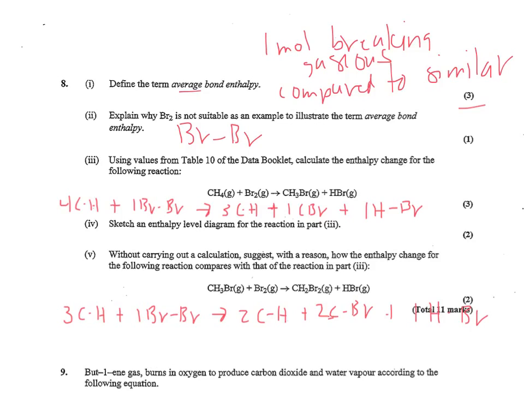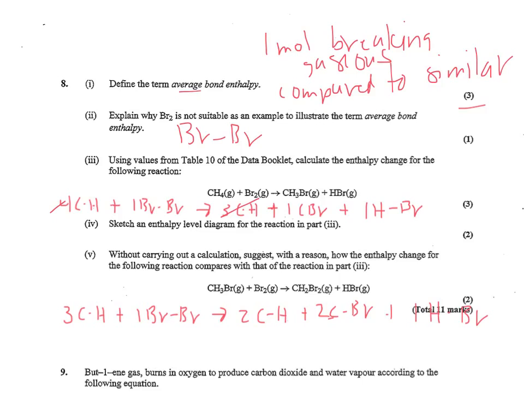Number 3, using the values, I've written out what the bonds are here. I've got 4 CH bonds and 1 Br single bond, and then I'm ending up with 3 CH bonds, 1 CBr bond, and 1 HBr bond. So I really could look at the net here: the 3 CH is really just a net 1 CH over on the other side.